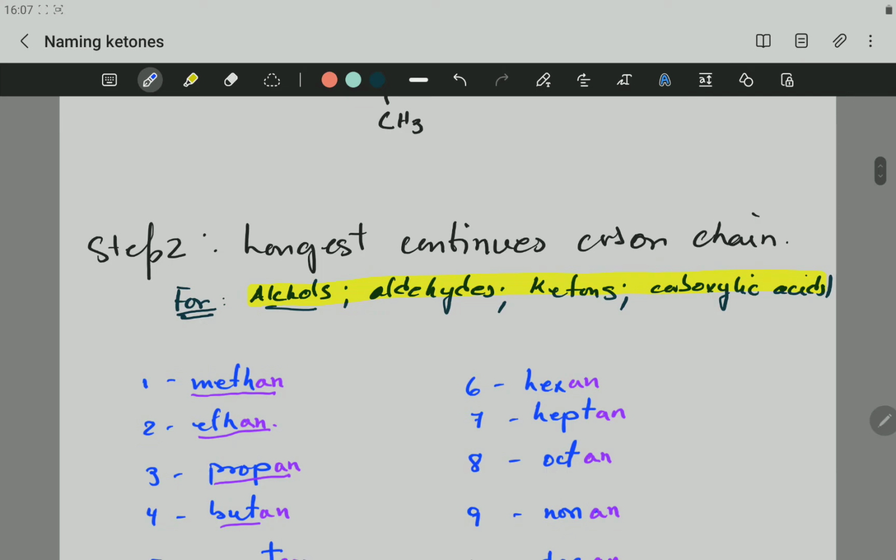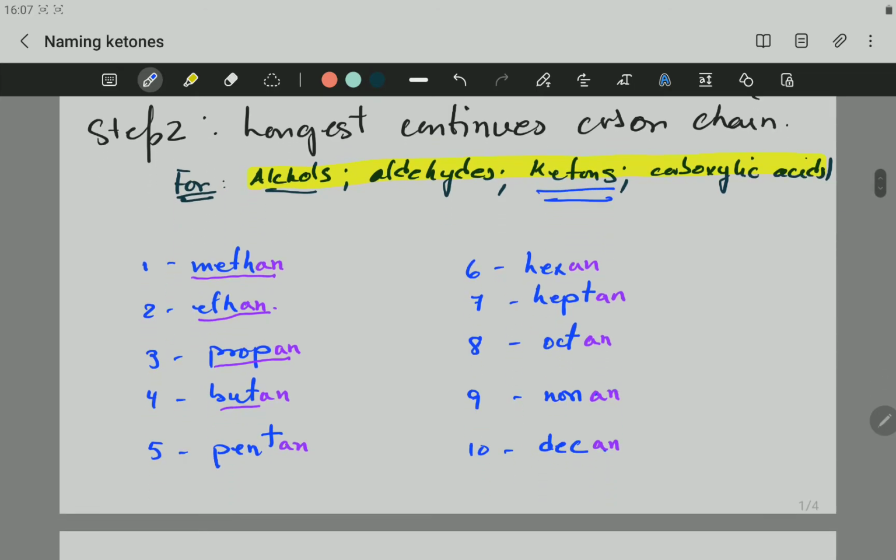Step 2, determine the longest continuous carbon chain. Remember, for alcohols, aldehydes, ketones, and carboxylic acids, you're going to add the -an at the end of the number of carbons, like methane, ethane, propane. The smallest ketone we're going to have is from number 3, so we go from 3 and up, but not 1 or 2.